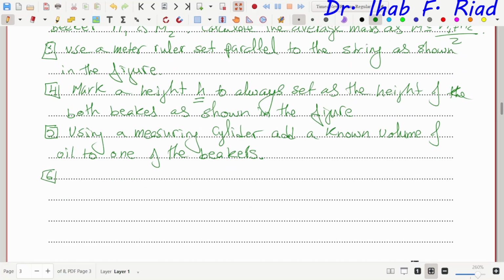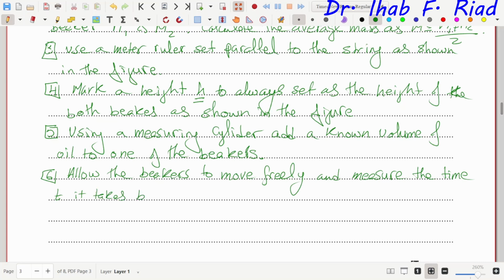6. Allow the beakers to move freely and measure the time t it takes just before hitting the surface.